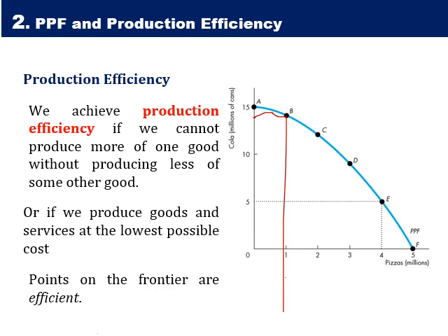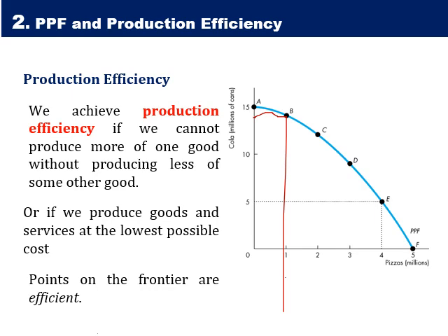So now assume that people want 1 million more pizza, which means that the demand for pizza increases from 1 million to 2 million pizza. To increase our production of pizza by 1 million, this could only happen if we decrease the production of cola by 2 million.